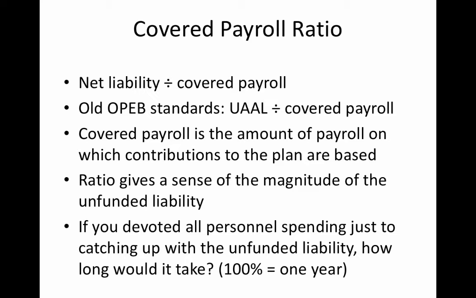That's obviously a very large amount. But it's a number that you can compare with other governments. If another one has a 200% or a 100%, the higher that number is, the more difficult their position is, the more difficult it will be for them to raise the resources necessary, or the more sizable the resources they need to raise in order to satisfy that liability.